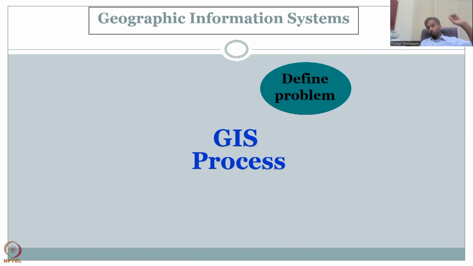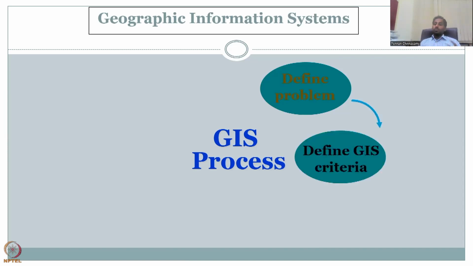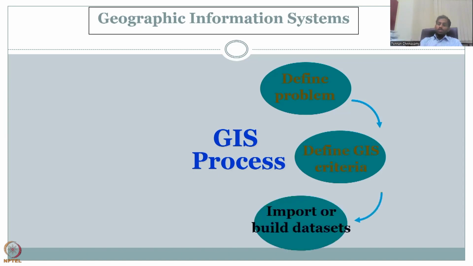As I said, you query, you define a problem, you ask a question, and from there you decide what criteria you want, like defining GIS criteria, the tools that you want to use, or the complexity of the GIS steps that you want to create. Then, once you know the steps or visualize what you want to do using GIS, you import the data for it. So, import or build data sets.